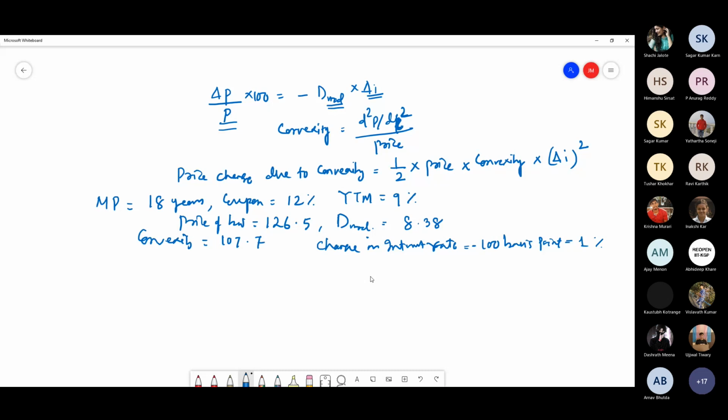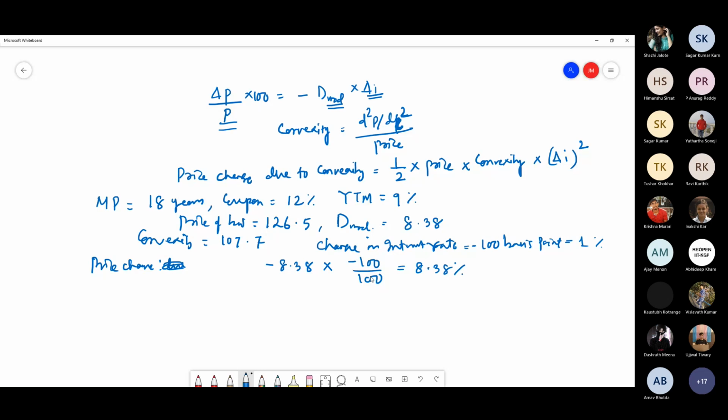Obviously, it is minus 8.38 multiplied by delta I, that is minus 100 basis point divided by 100, because the interest rate has declined. So it is exactly 8.38%.